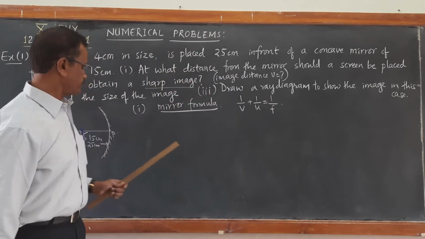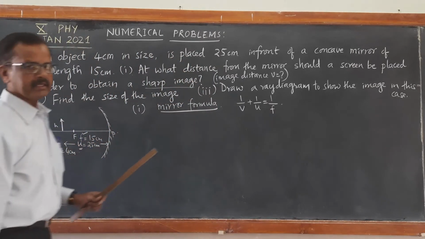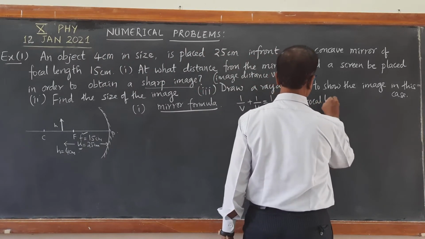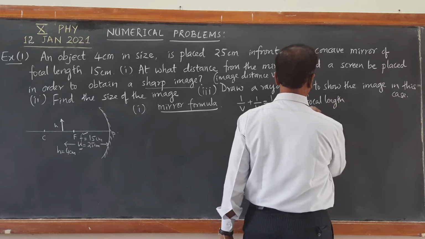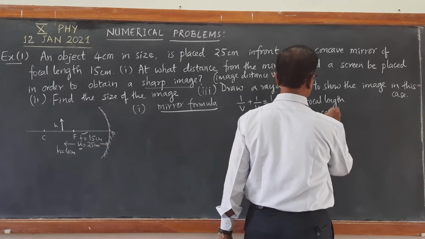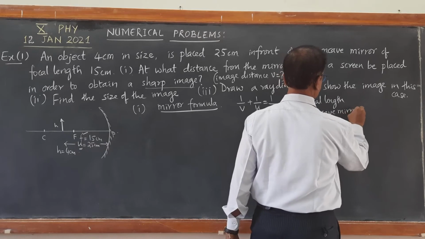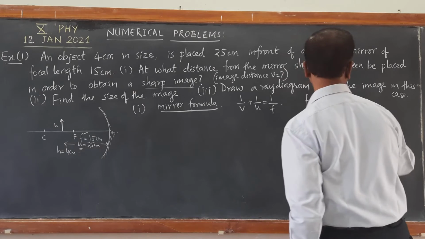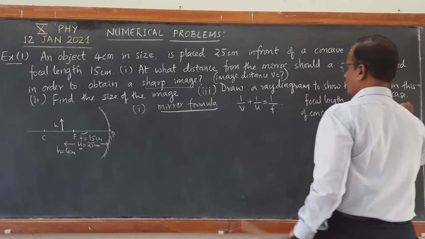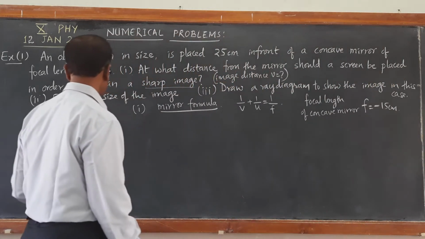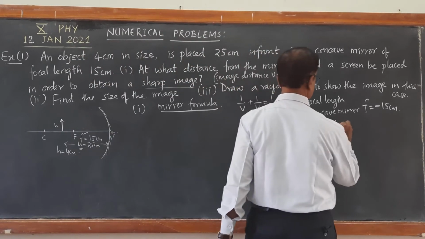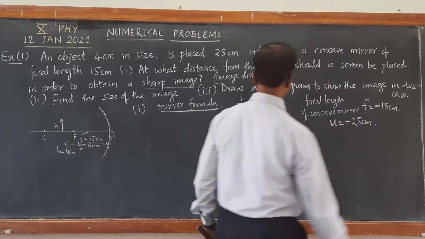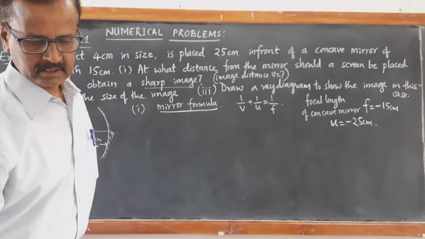Remember, the sign convention for the focal length of a concave mirror is negative. F is equal to minus 15 cm. And the object should always be placed towards the left side. So u is equal to minus 25 cm. This is also given. You are asked to find out what is v.